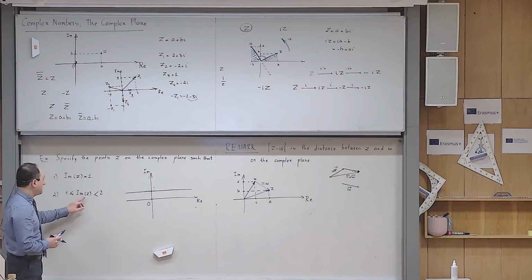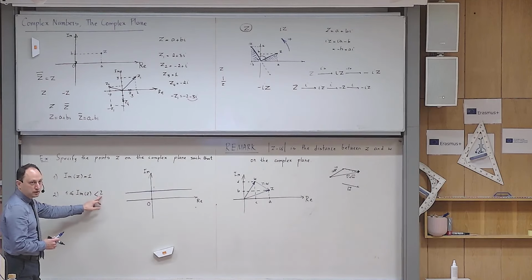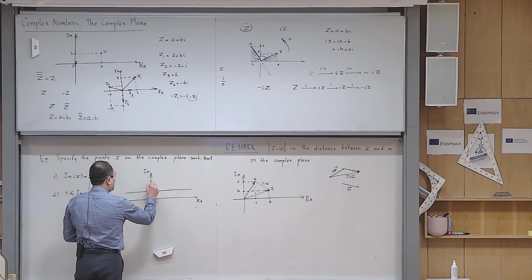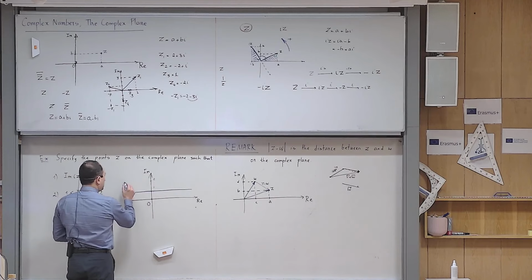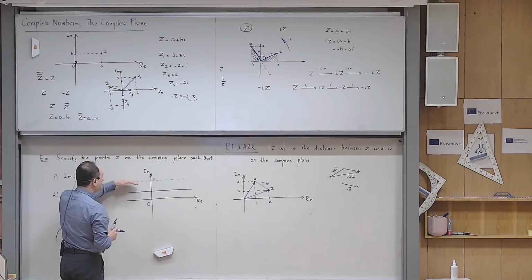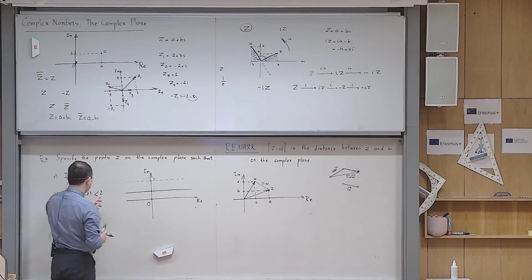So I want the imaginary part to be greater than or equal to 1, but it is not allowed to reach 2. So if this is my limit of 2, I cannot go beyond this line, because if I go above this line, the imaginary part becomes bigger than 2.